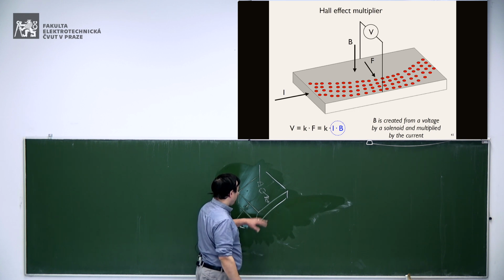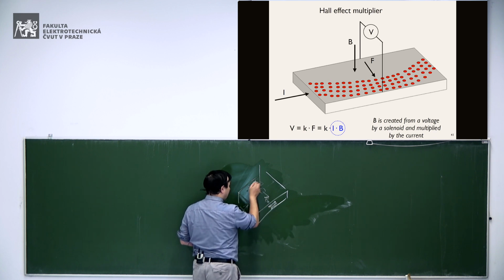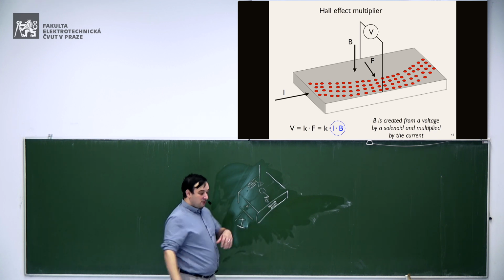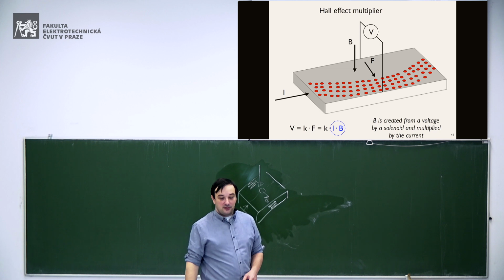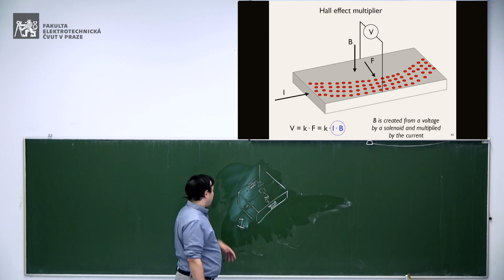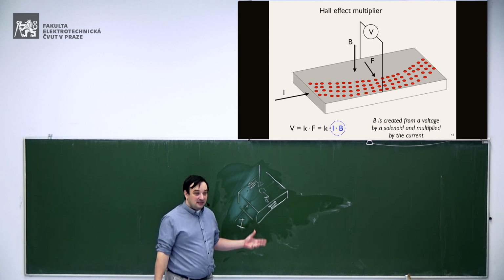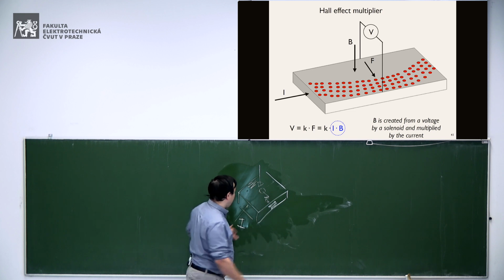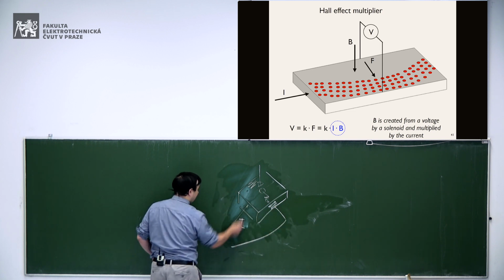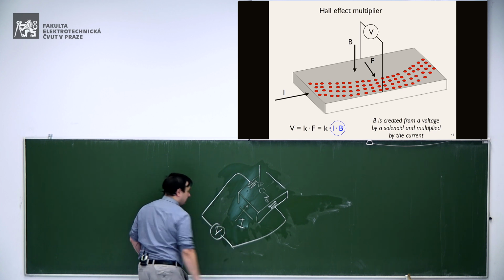Therefore, it will move. Then, it means that you will have more charges here than here, or vice versa if you change the polarity of the sign, if it's negative or positive charge. Then from one side, you have more negative charges than from the other side. And this means that between this point and this point, you can measure a voltage, okay?